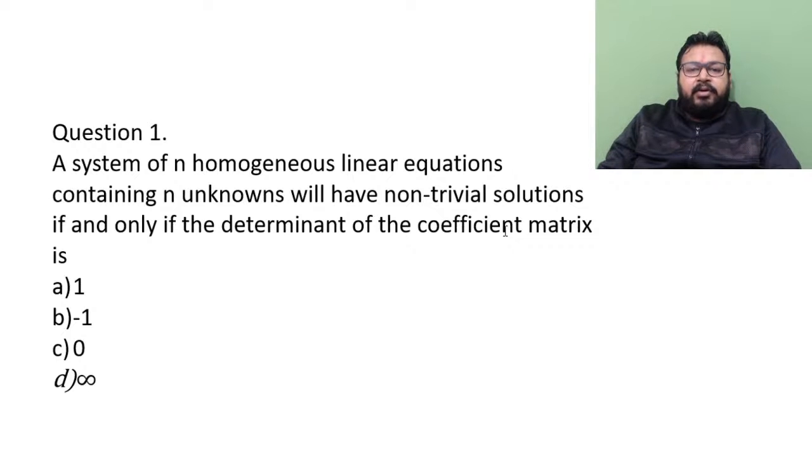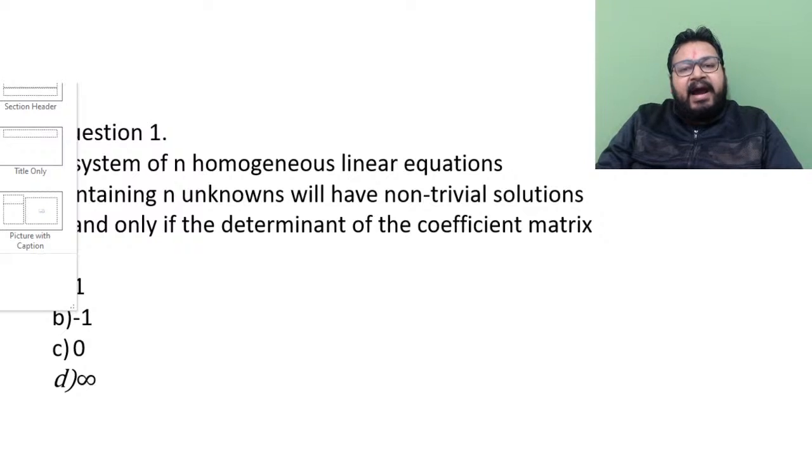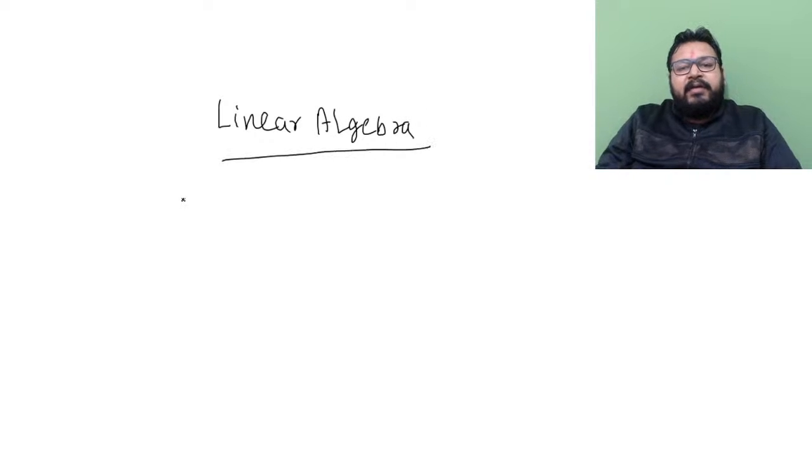So let us explain the concept behind the question so that every one of you has the right idea of the concept. Now in linear algebra, we have three types of systems with us.